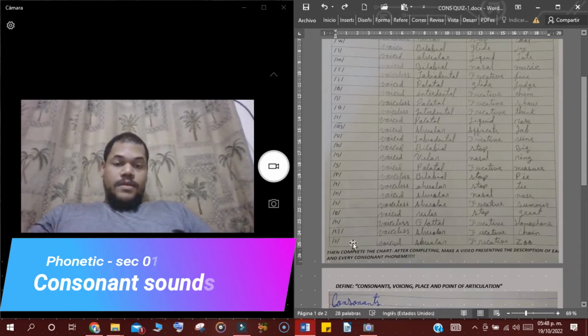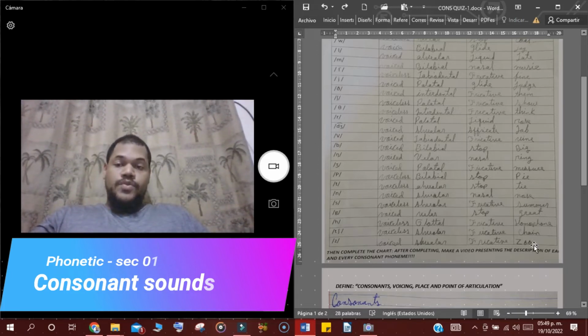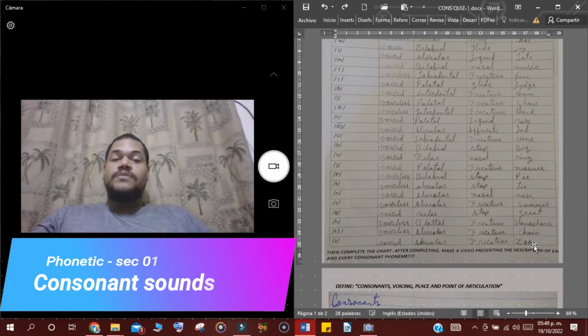And the last one is the phoneme represented by the letter Z. That one is voiced, alveolar fricative. And the word used to represent that sound is zoo, zzz. You see the vibration?